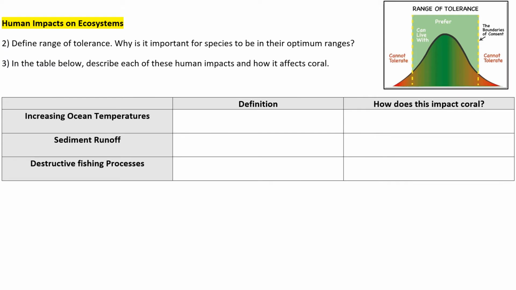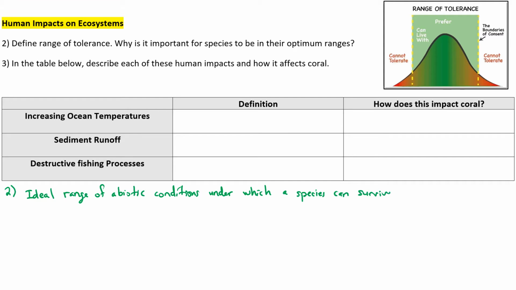Define range of tolerance. Why is it important for species to be in their optimal ranges? So I'm going to write it down here. The range of tolerance is the ideal range of abiotic conditions under which a species can survive, grow, and reproduce.